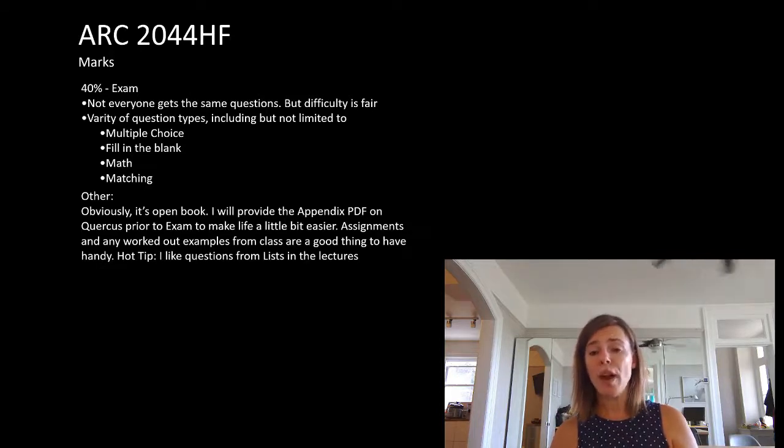What I do prior to the exam is I provide you the appendix that I would have put at the end of the paper copy were you writing it in person. And I always gave that appendix even before we wrote the paper copies of exams so that people had an idea of what they didn't need to print off and have ready beside them. Because there are a lot of downloads that I send you or give you through Quercus throughout this course.